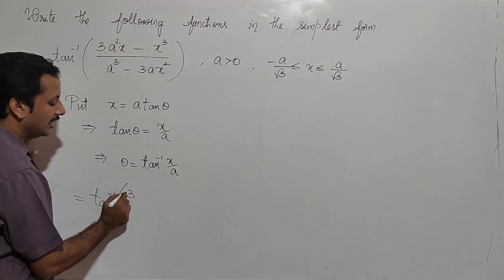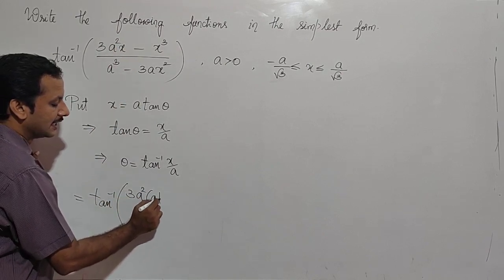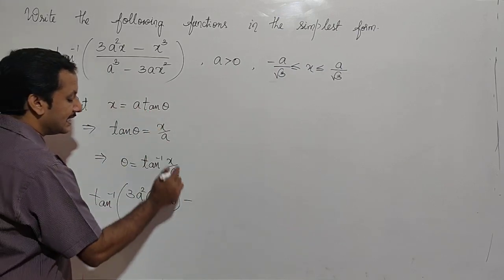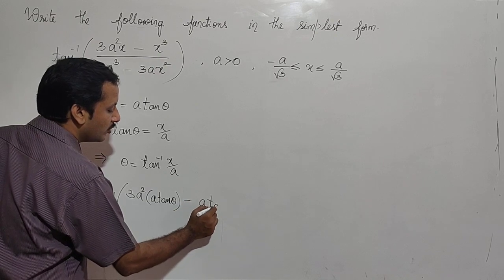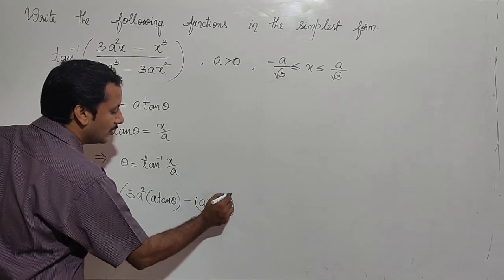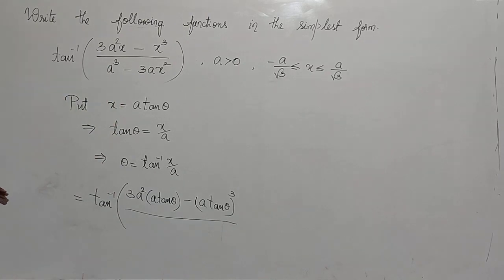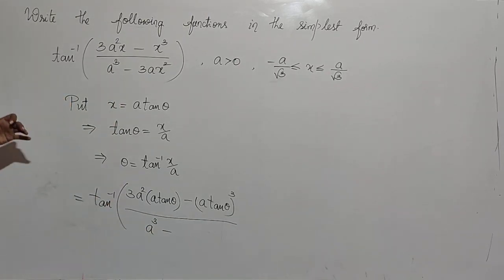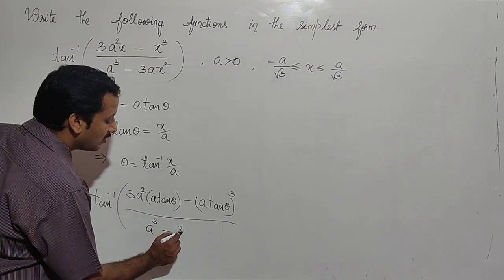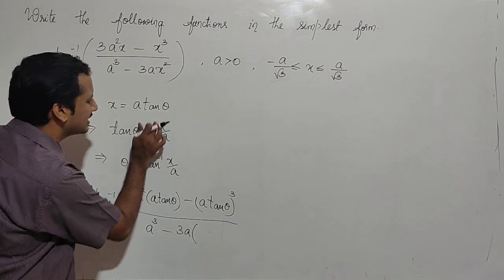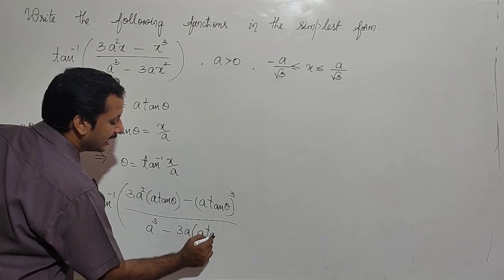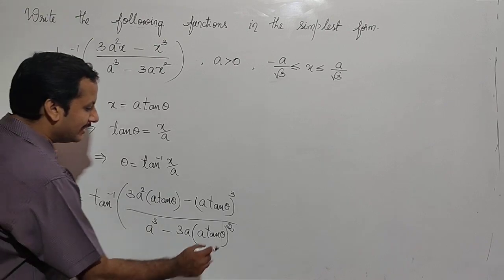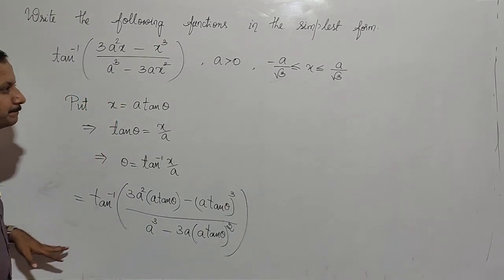3a square into x, x is a tan theta, minus x cube. x is a tan theta, so x cube means a tan theta whole cube, divided by, in the denominator, a cube minus 3a into x square. x is a tan theta, so x square is a tan theta whole square.